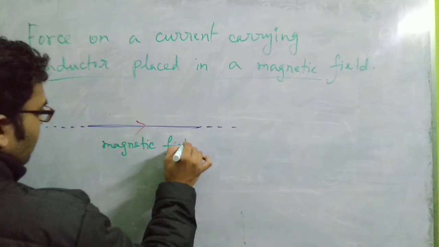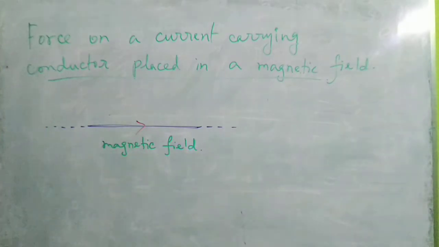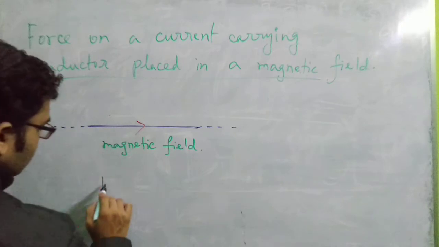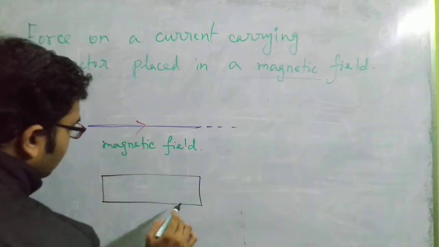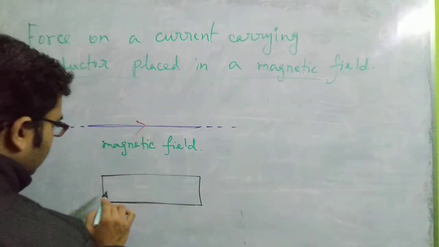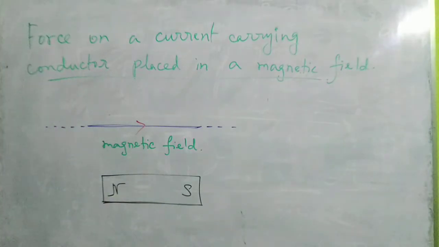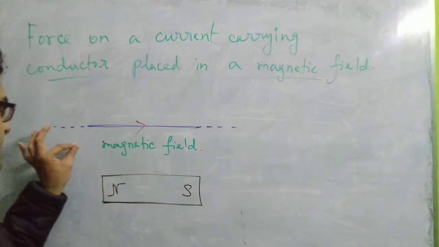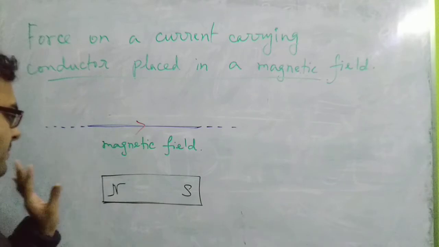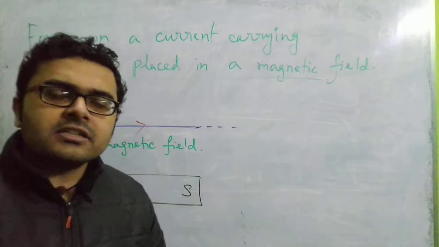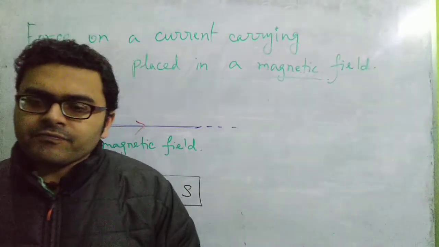Now, say there is another magnet near this wire, and this magnet is quite strong. Say this is a permanent magnet, but it is quite strong. It has a north pole and south pole of its own, and this also creates a magnetic field. Now, due to the interaction of these two magnetic fields, the magnetic field due to this wire and the magnetic field due to this permanent magnet, what happens?